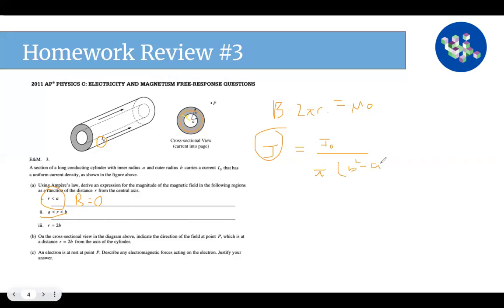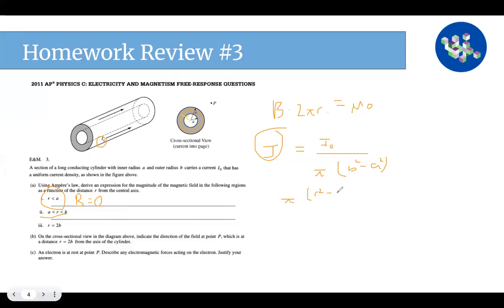And now I want to find my enclosed I, which will only contain the current in the region within the orange circle. How do I find that? Well, the area of that region within the orange circle that has current would be pi times r squared minus a squared.